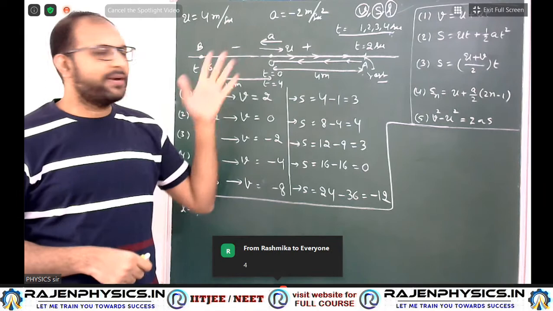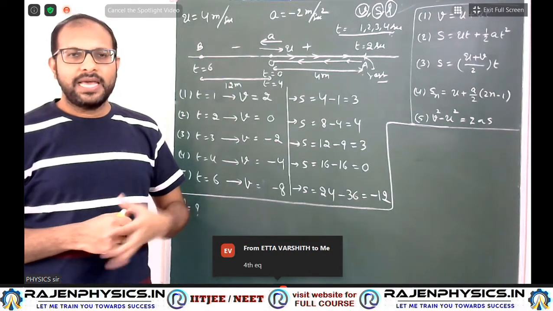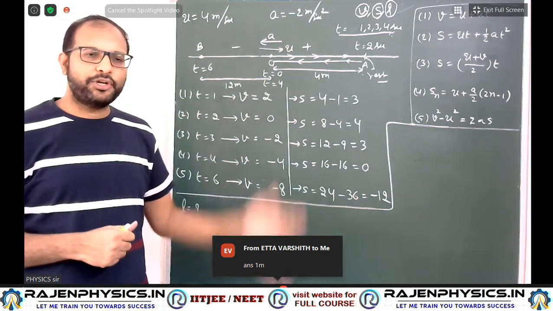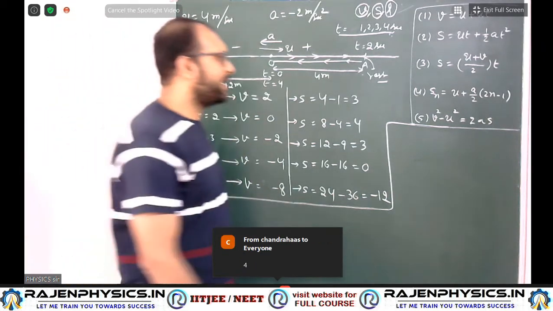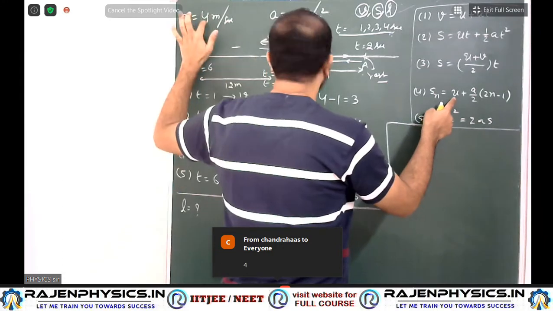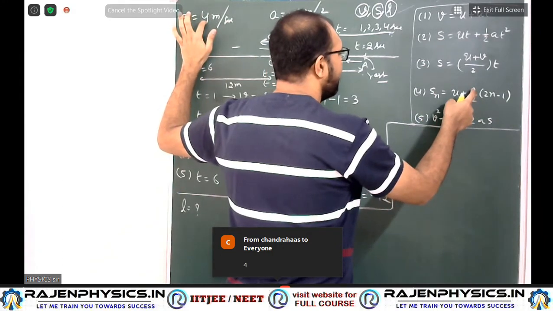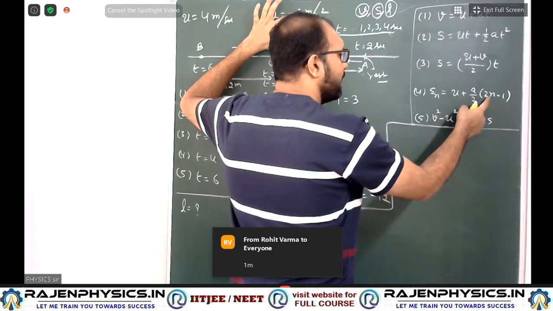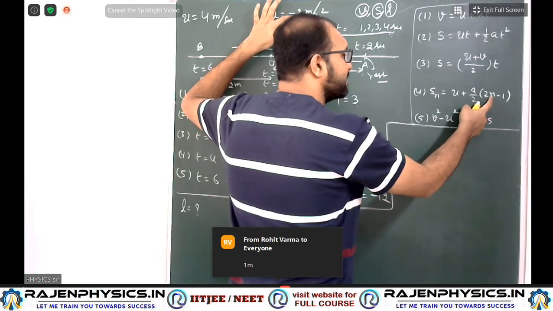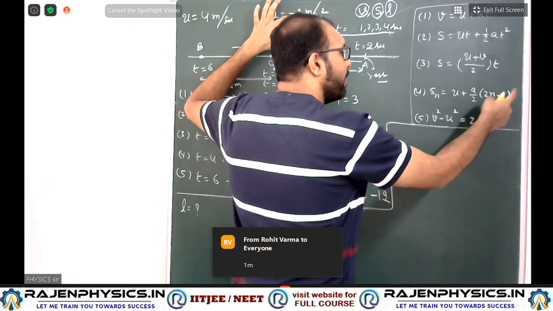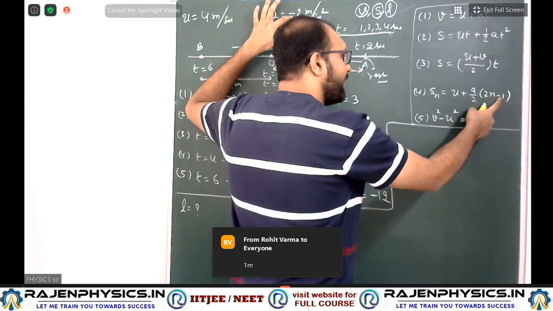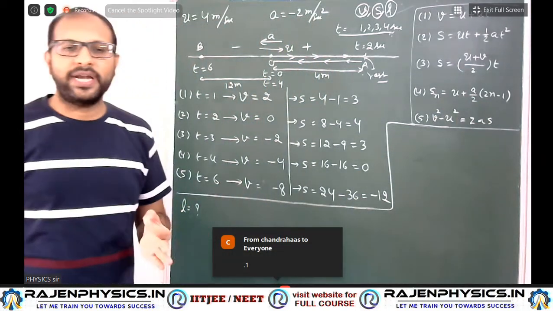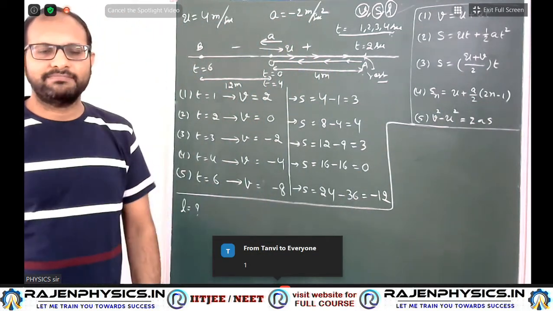Yes, equation number 4. Very good. Substitute second to second. U is 4 plus a, minus 2, minus 2 by 2, that is minus 1, times 2 into 2. 4 minus 3, yes, many students said 1 meter, correct answer.